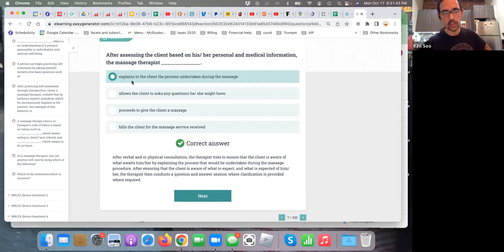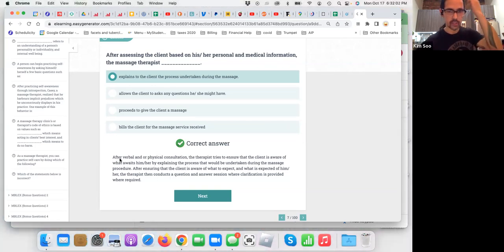Okay, so according to them, it is explaining to the client the process undertaken during massage. It's not allowing the client to ask questions, and it's not proceeding to the massage, and it's not billing. So let's see if we can figure out why from the description.